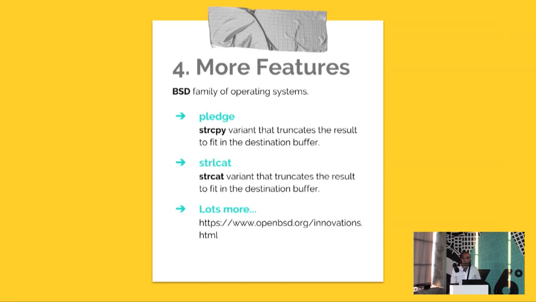So one of the cooler things that they've added recently is pledge. It's like mandatory access control, like SELinux, or Capsicum if you're familiar with FreeBSD. Except the idea is that instead of having the system manage everything and sysadmins try to write rules to figure out what the software is doing, the software writers will actually drop privileges as they go.